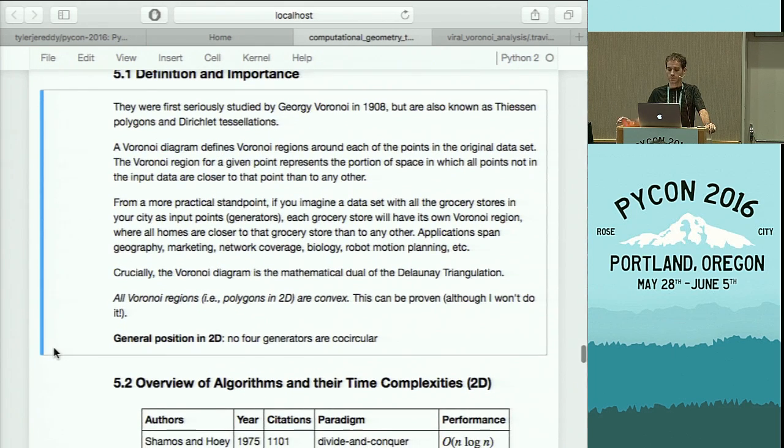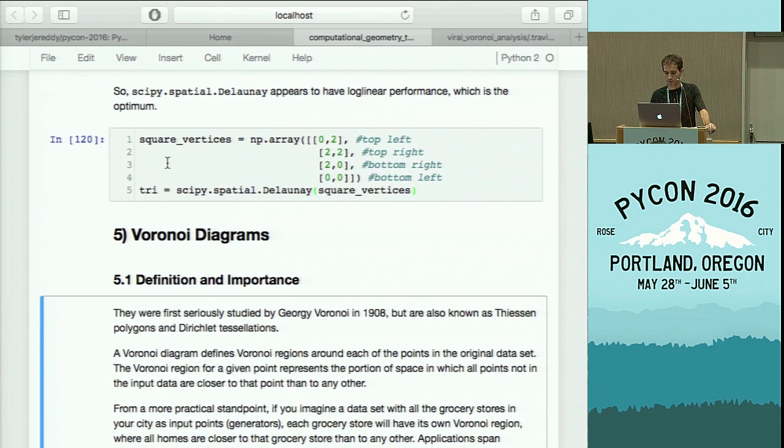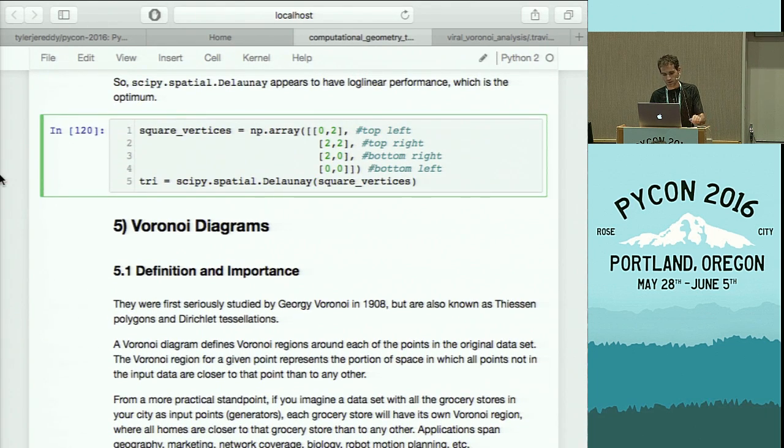And because the Delaunay triangulation is really closely related to the Voronoi diagram, it probably won't surprise you that general position, or the constraints on the input points, is the same. So no 4 generators are co-circular. Before the break, someone asked me what happens if you have 4 co-circular points. Just out of curiosity, I built a square and fed it into scipy.spatial Delaunay, and it doesn't raise an exception.